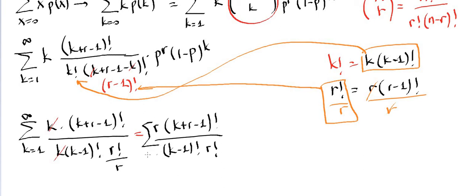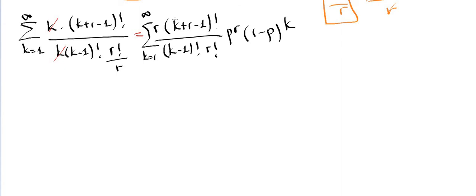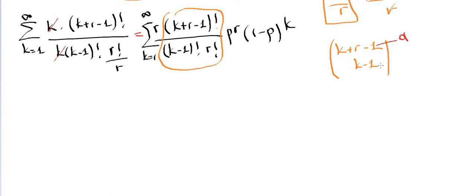And we have summation sign, k from 1 to infinity, p to the r, 1 minus p to the k. Now this expression is equal to k plus r minus 1 choose k minus 1 by the definition of combination. If you consider this as a, and if you consider this as b, it is like a factorial over b factorial times a minus b factorial.